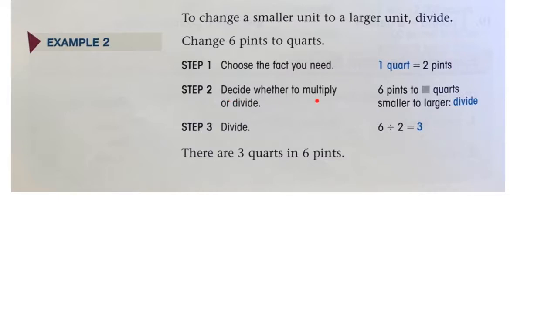Decide whether to multiply or divide. Pints to quarts is moving from the smaller amount to a larger amount, so we divide. A smaller unit of measurement to a larger unit of measurement, so we're dividing. Now do the division. 6 divided by 2 is 3. There's 3 quarts in 6 pints.